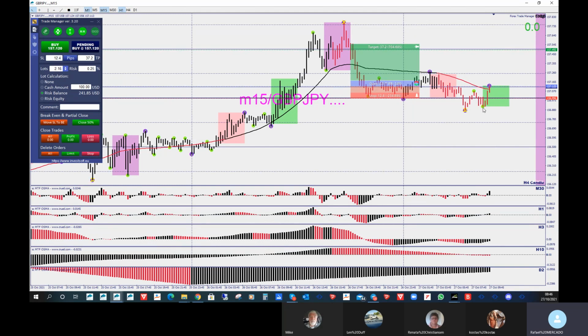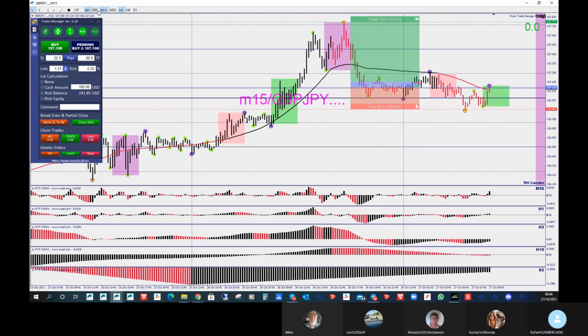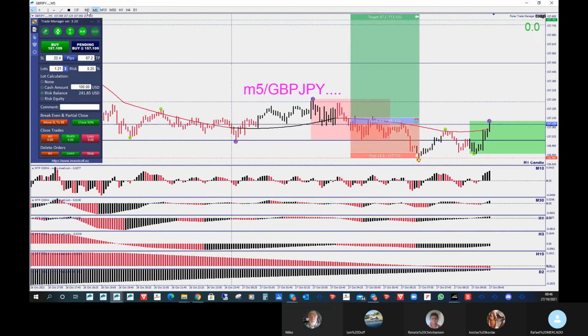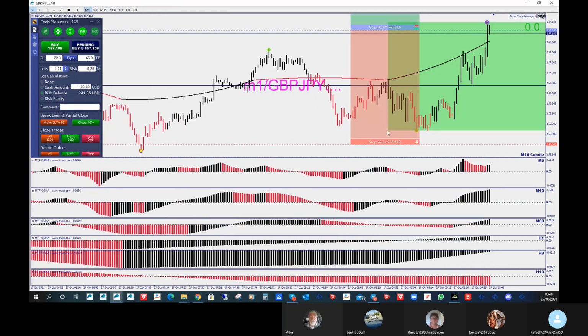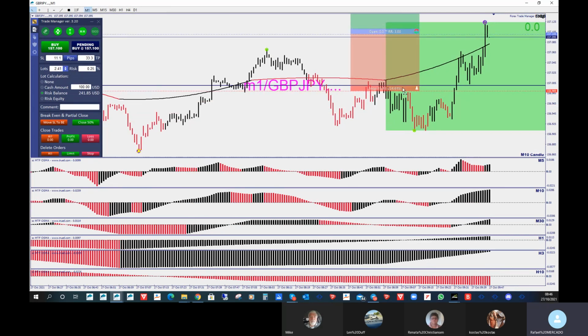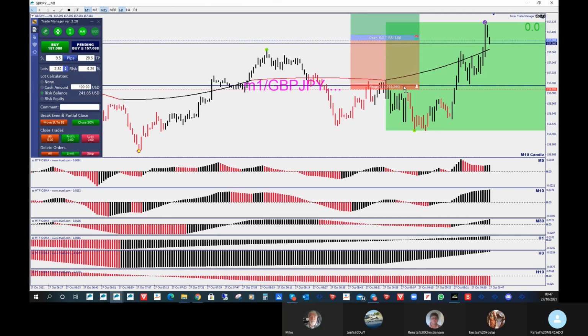The good stop loss could be here at the low of the session for the moment. That is far away. We take it here off the round number. Yeah, the two balls here, the two retracement balls.